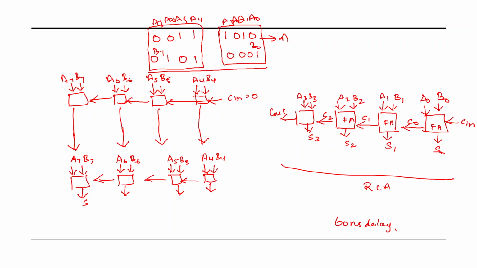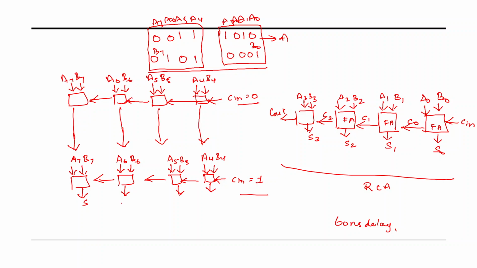But here I'll assume the carry in as 1. So I have assumed carry in as a 0 and then carry in as a 1. With the same time, while the first 4 bits are operating, this also computes.